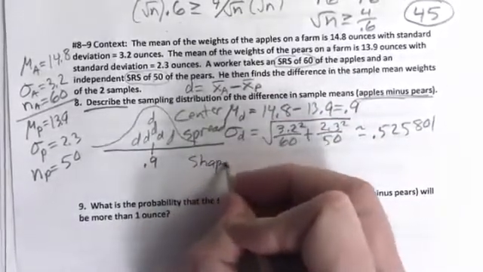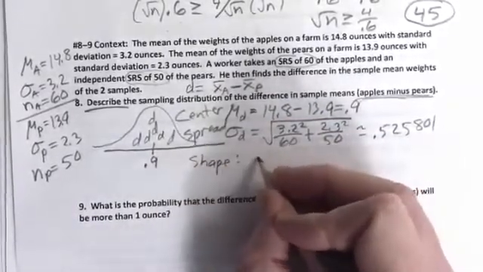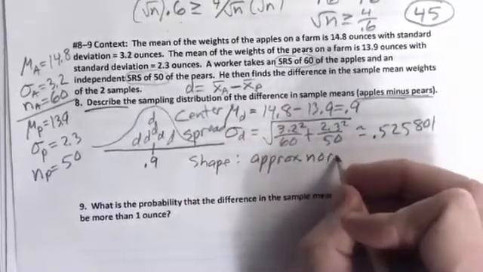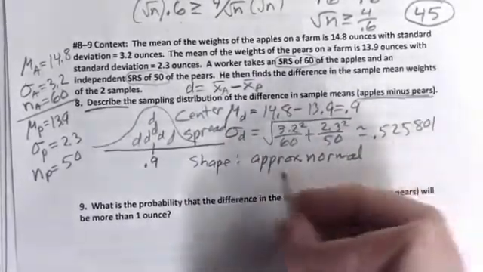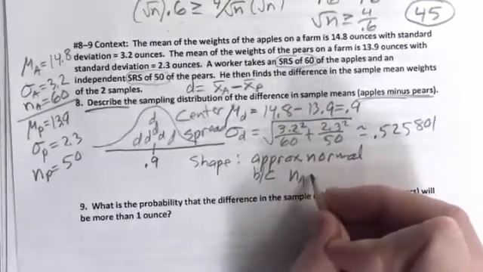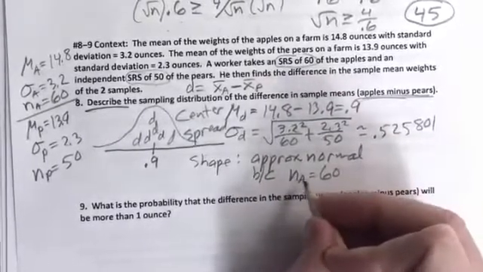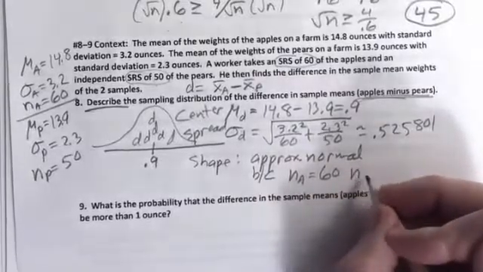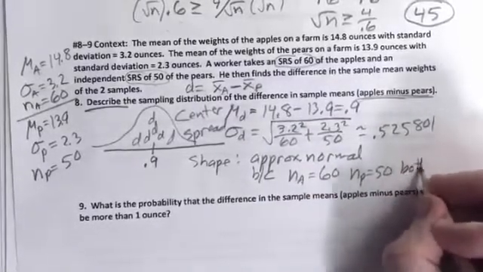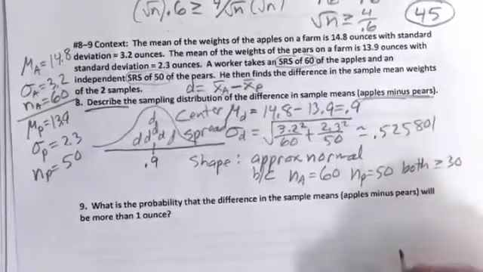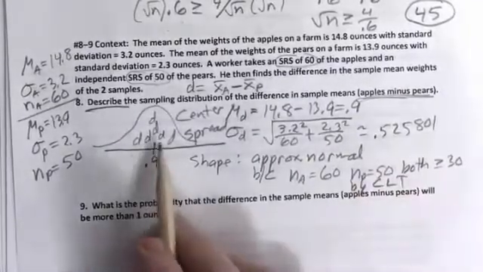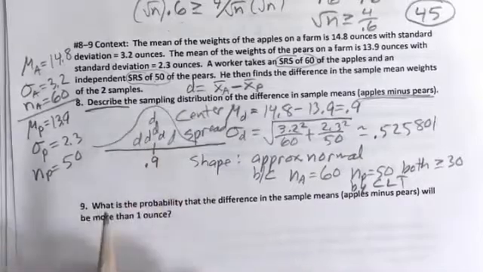The shape will be approximately normal. It's very important that you know why it's approximately normal. Because n sub A is 60, the sample size for one of them, and n sub P is 50. They're both greater than or equal to 30. So by the central limit theorem, our sampling distribution of differences has to be approximately normal.